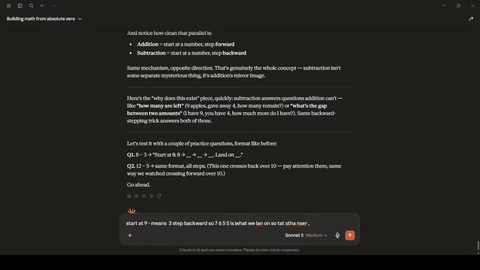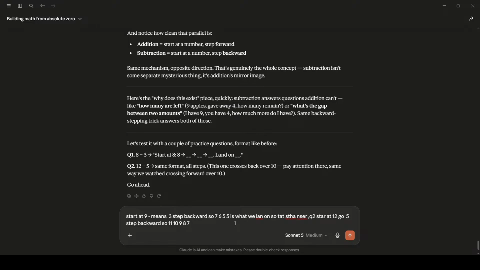Question number 2. Start at 12, go 5 steps backward. So 11, 10, 9, 8, 7. In 12 minus 5, we go from 11, five positions: 1, 2, 3, 4, 5.